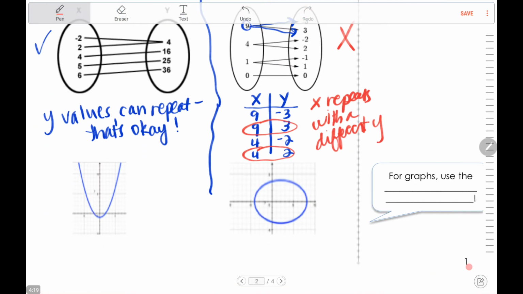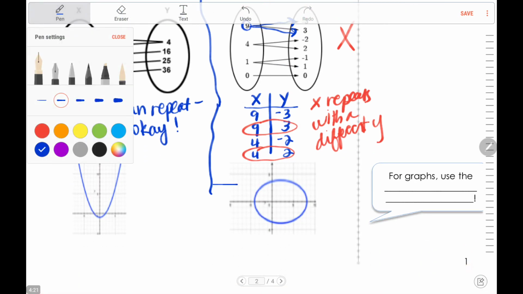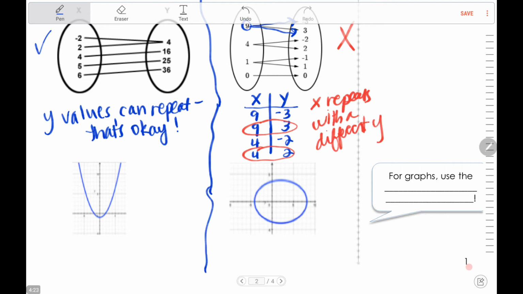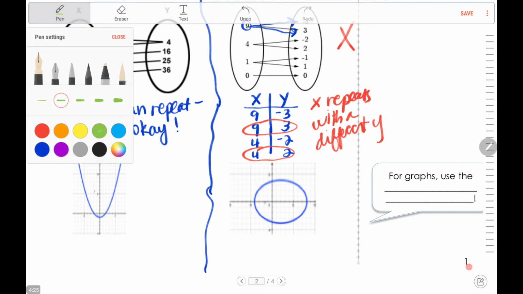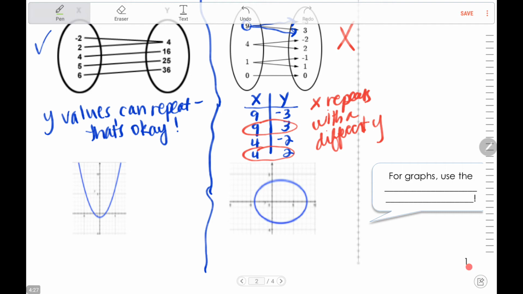And then the last example down here, let's keep splitting down the page. On a graph, we use a different strategy. We use something called the vertical line test. So for the vertical line test, what I'm going to do is pass a vertical line across the graph, and as I pass it across the graph, let's see.